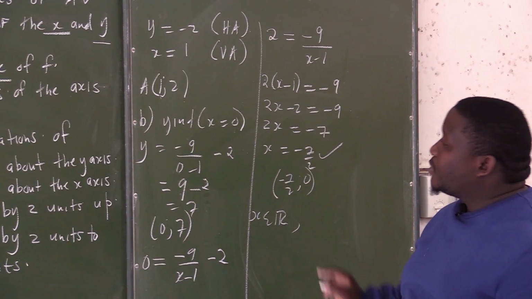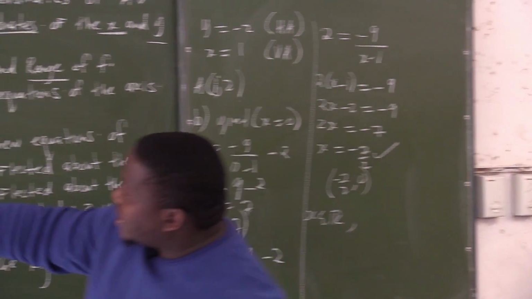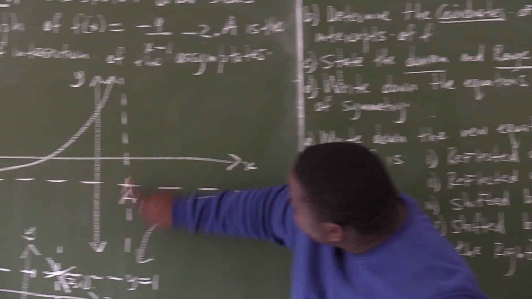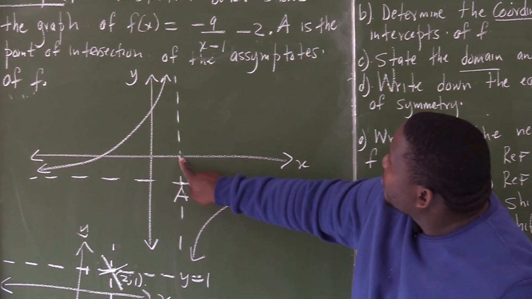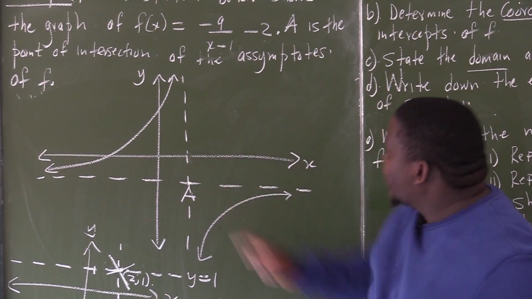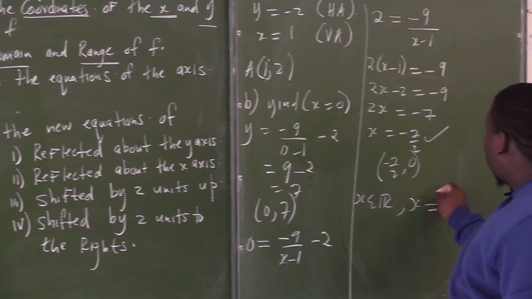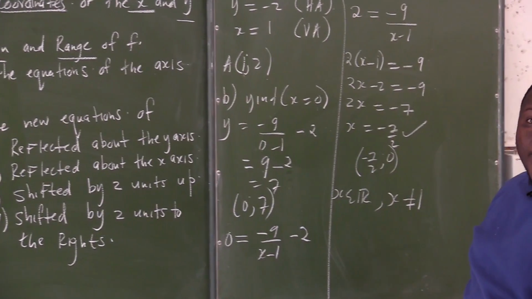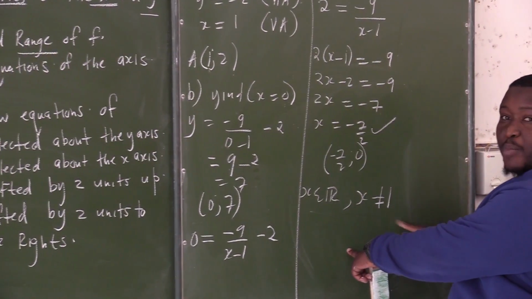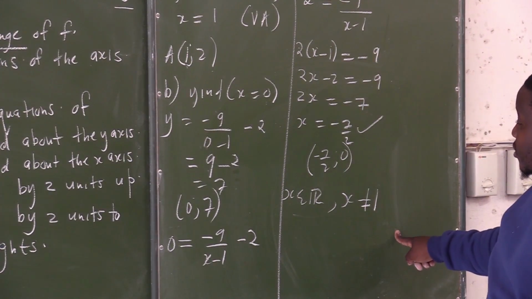What is the vertical asymptote, guys? This is the vertical asymptote. This is the one. It means x is an element of real numbers, but x is not equal to 1. So this is now my domain. Let's check the range.